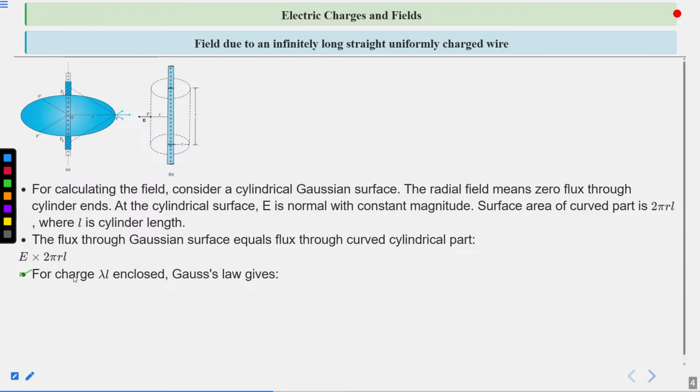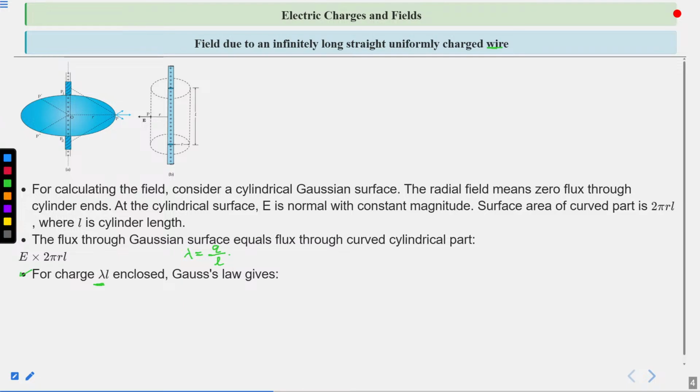Now for the charge. Here we talk about an infinitely long straight wire, so we use the concept of linear charge density, lambda. We know linear charge density lambda is charge upon length.